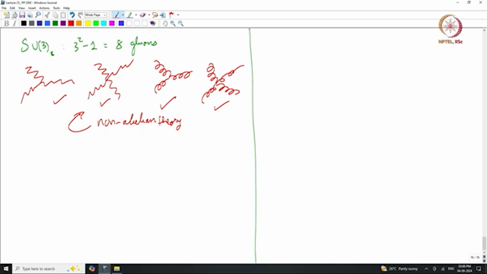Now, let us look at a bit more about the fundamental and the adjoint representation.